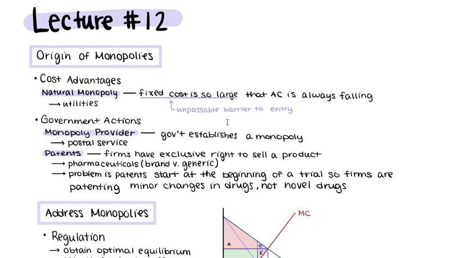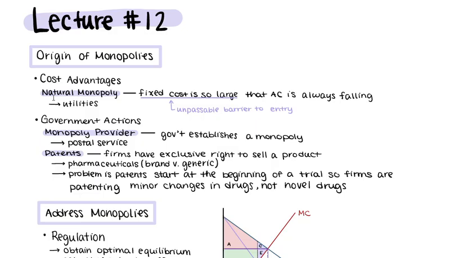Okay, so in the next lecture, lecture 12, we're talking about the origins of monopolies, starting with cost advantages. That means natural monopoly. If you want to be a water supplier, you need to invest a very huge amount of money before you start.